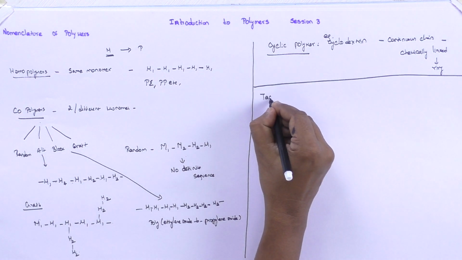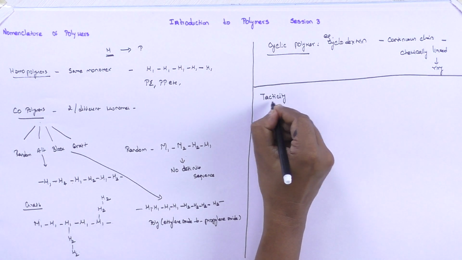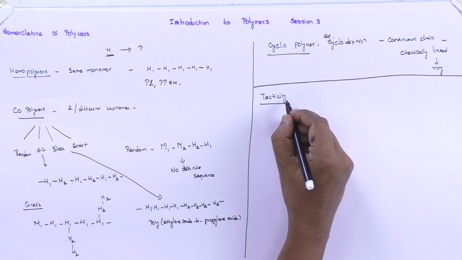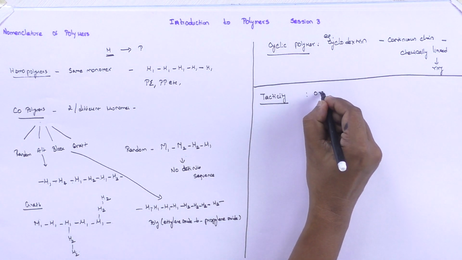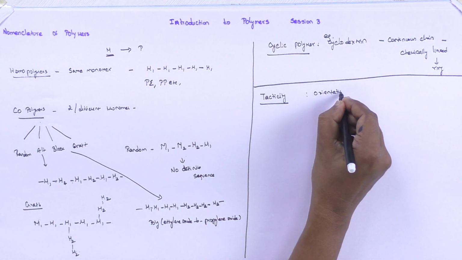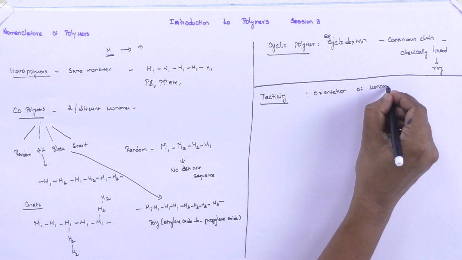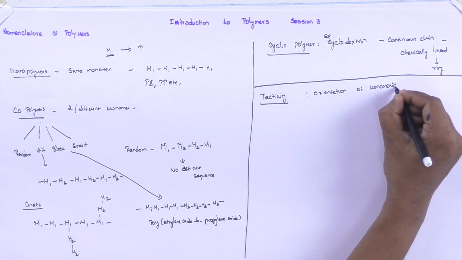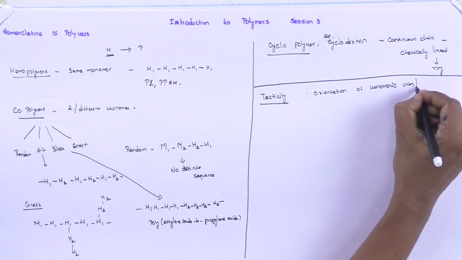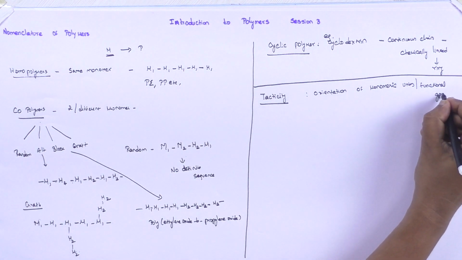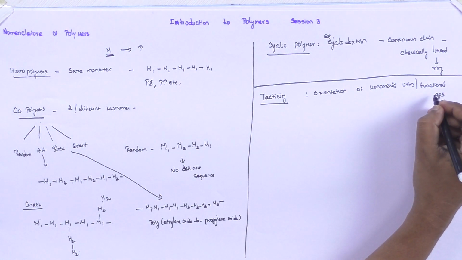Then we have another important term that you need to know, which is called tacticity. Tacticity is the orientation of the monomeric units, or you can also have functional groups.